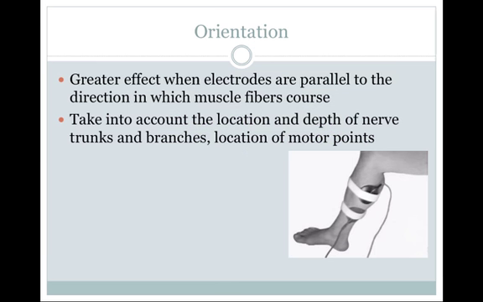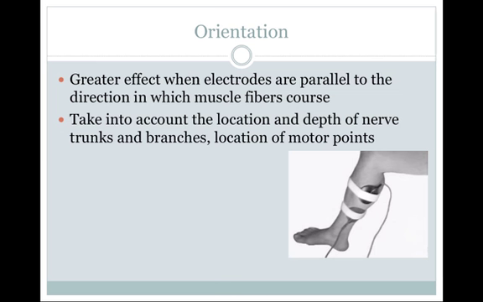And then orientation, we're going to get a greater effect when the electrodes are parallel to the directions in which the muscle fibers are running. Also take into account the location and depth of where the nerve trunks and branches are, and also the motor points of the muscles. Remember that when we're using pads like this for stimulating muscle, really what we are stimulating are the nerves and the motor points.